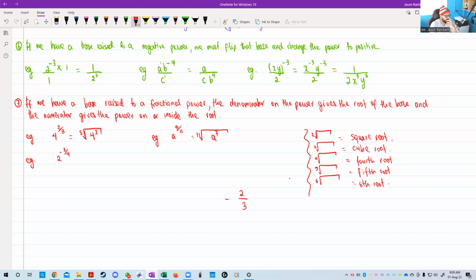Now, if I use these 3 variations on the same question here, this could be 2 to the power minus 3/4, or it could be 2 to the power 3/-4. You're going to ask yourself, boy, I'm going to get a whole set of different answers. Well, first of all, it's a fraction on the power, so 2 goes inside of here.